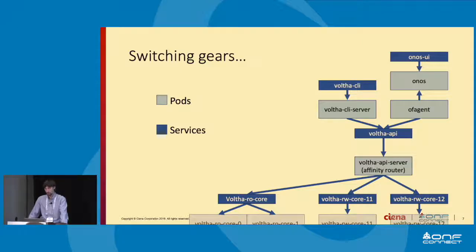Just for anyone who doesn't work with Kubernetes directly, a service is basically just a form of load balancer. It's so that I don't have to think about what's the IP of that pod, what exactly do I have to connect to.